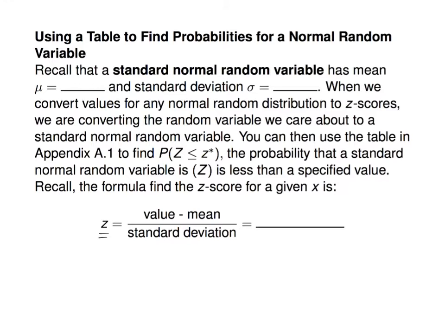Okay, so for a standard normal random variable, it has mean mu equals... When you do this whole standardizing, if you do the whole z thing, what does the mean become? 0. Think about this as standard deviations away. If you are the mean, you're no standard deviations away.